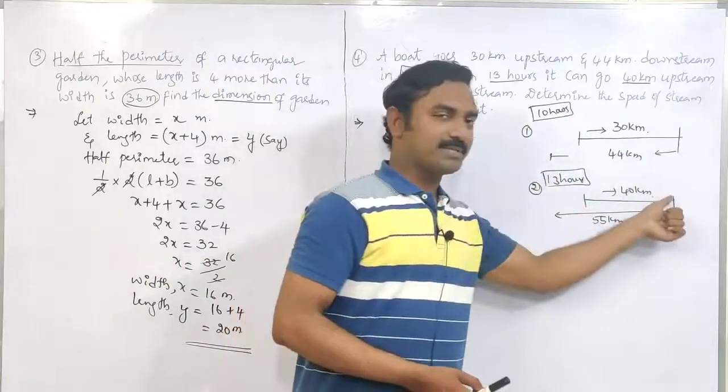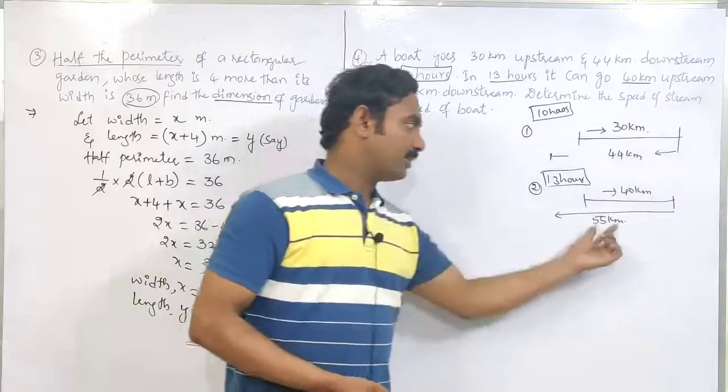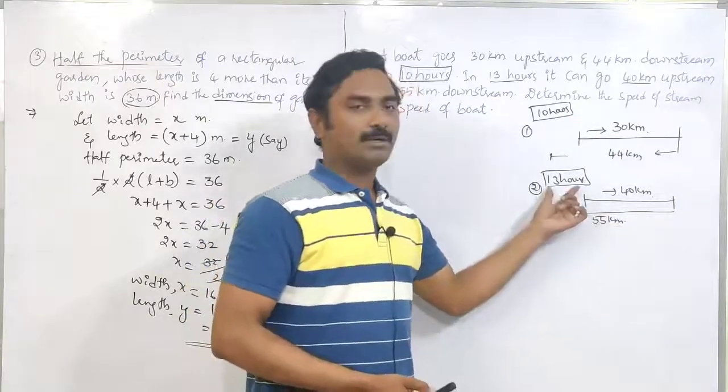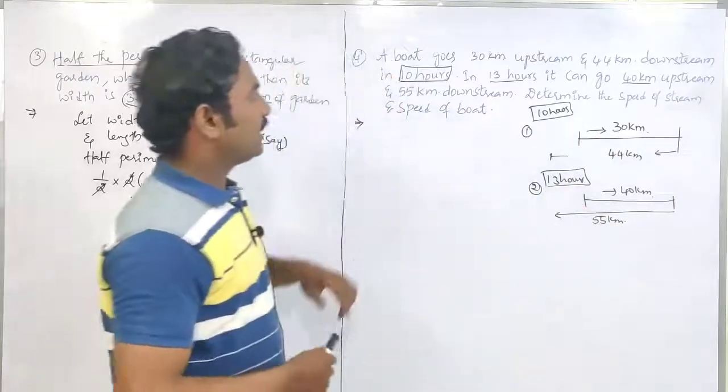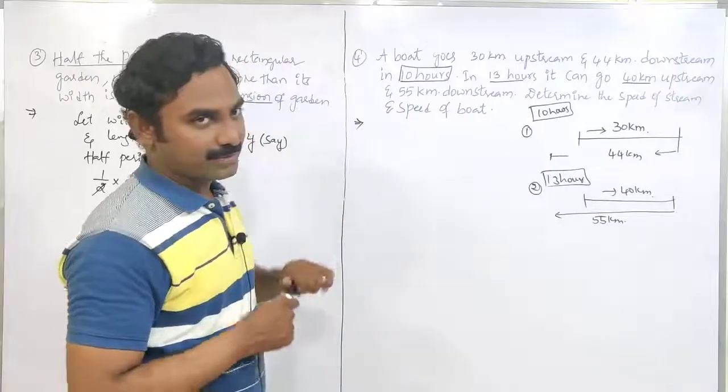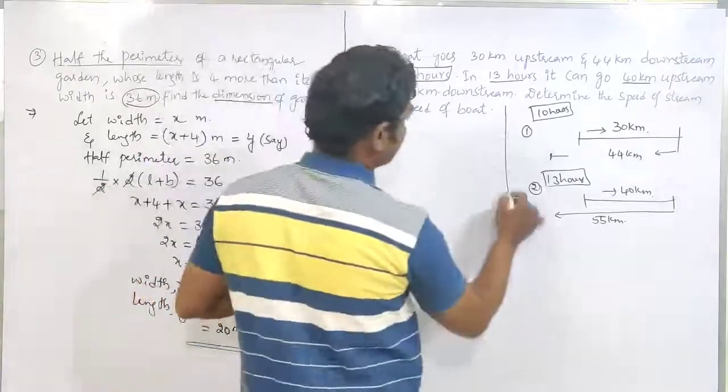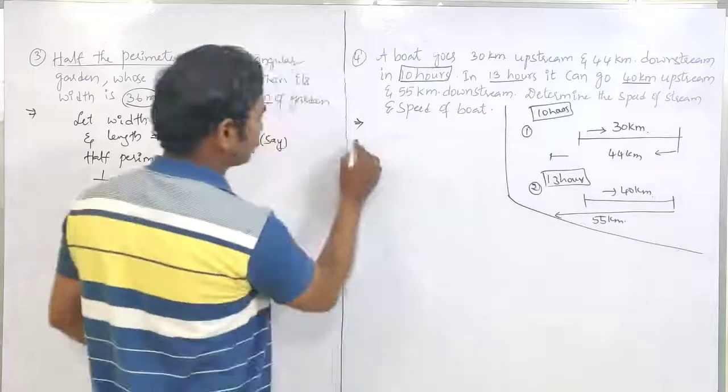For the second condition, going upstream 40 kilometers and coming downstream 55 kilometers takes the boat totally 13 hours. Determine the speed of the boat and the speed of the stream. So this is the data given in the question.